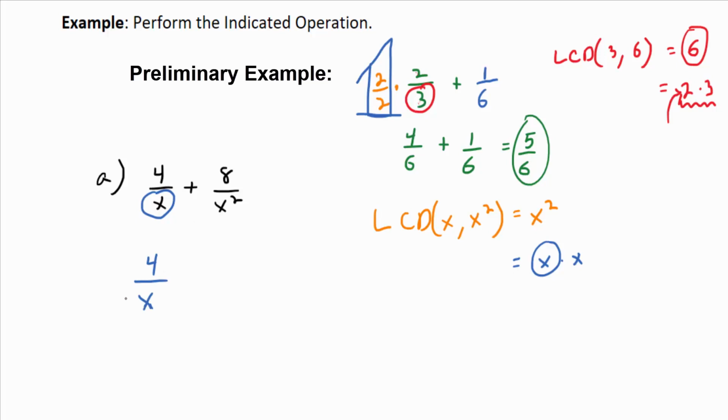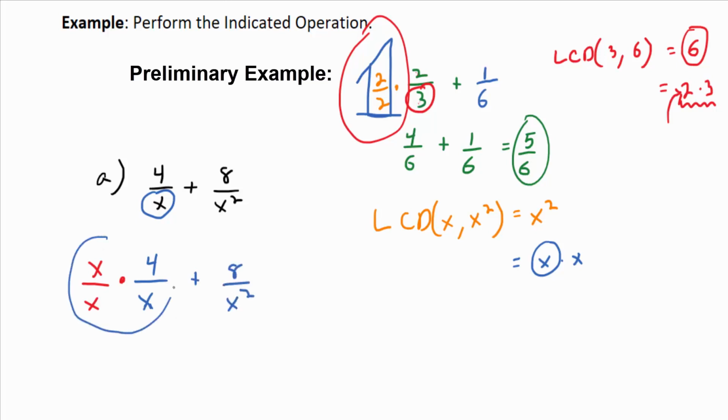So you're going to multiply by 1, just like we did up here to get 2/3 in terms of sixths, a denominator of 6. And the 8 over x squared doesn't change.